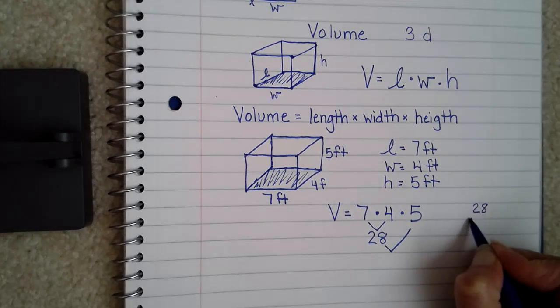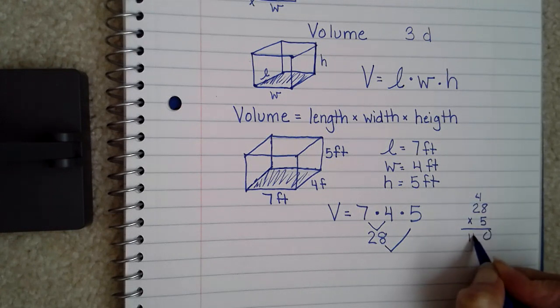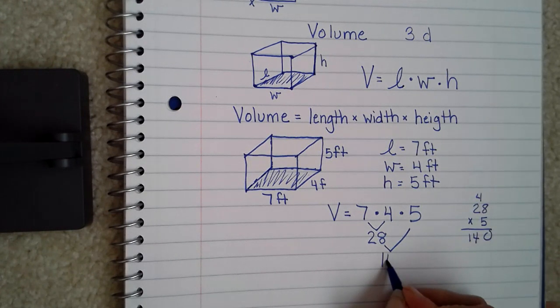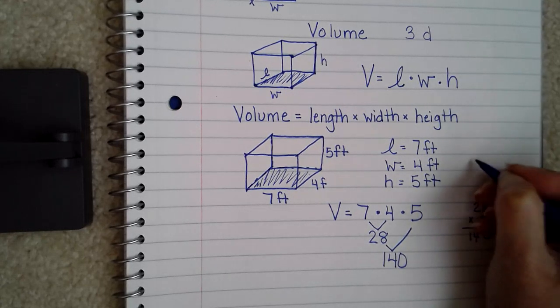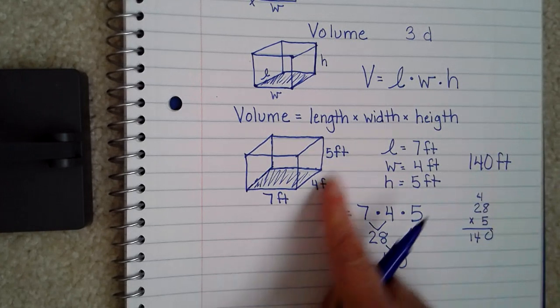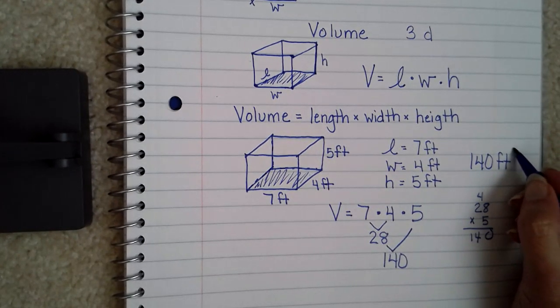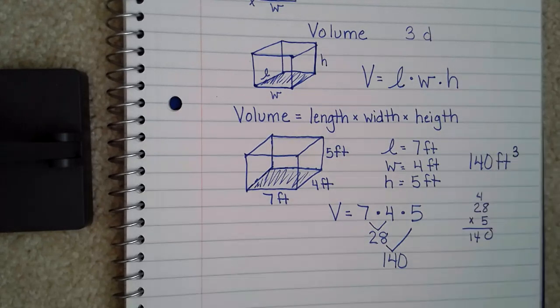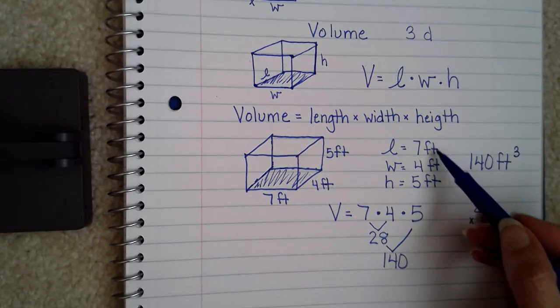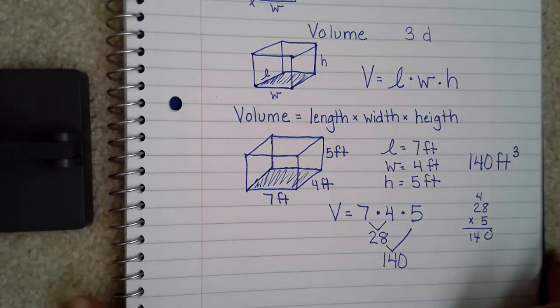And so off to the side, I just do a little multiplication problem, and I find out it equals 140. So the answer to this problem is 140 feet, because it's measurement in feet. Oops, feet. And because it's three-dimensional, it's going to have a 3 up there because we multiplied feet times feet times feet. There's 3 times that we multiplied feet together.